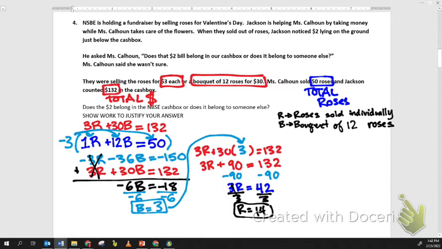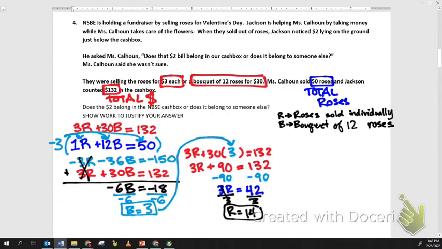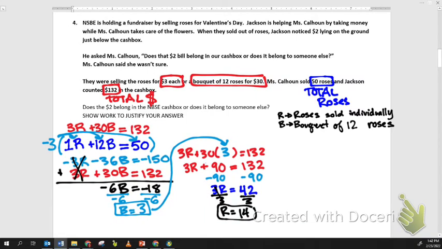And the question is asking me, does that mean that the $2 bill belongs in the cash box? How do I know? I'm going to check to see. So, my red equation is talking about money.